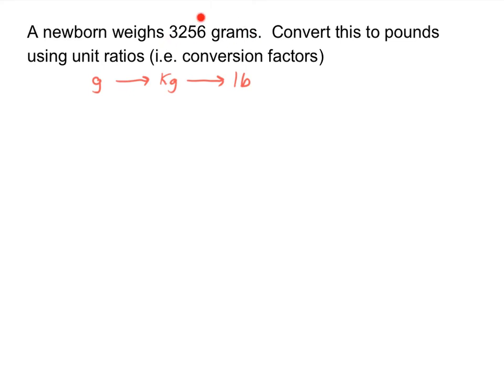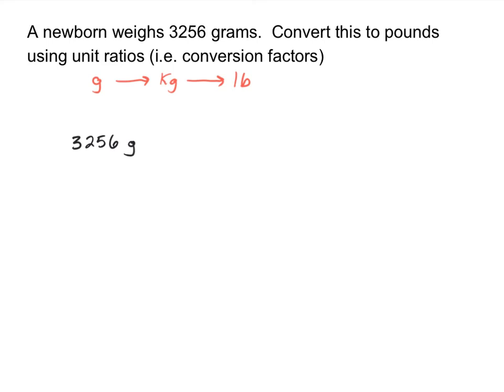We want to start with what we want to change or what we want to convert. So in this example, we want to convert 3,256 grams. And what I'm going to do is first multiply by a unit ratio and turn this amount of grams into kilograms.